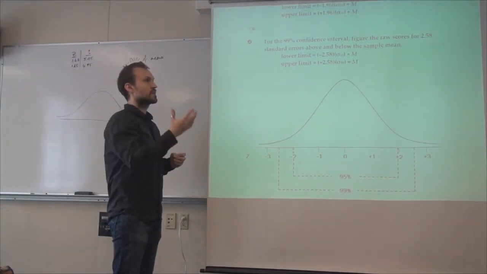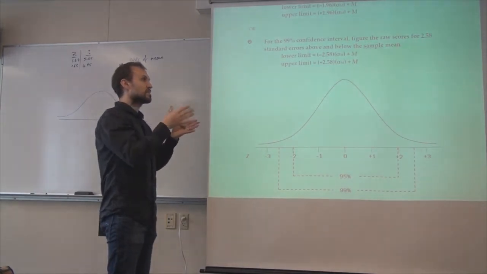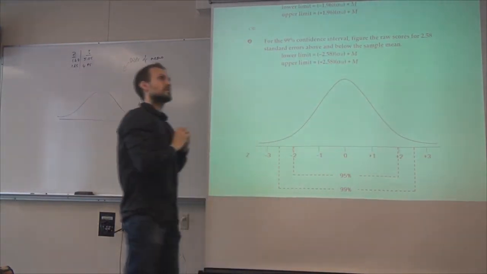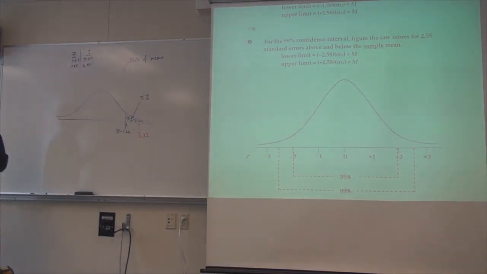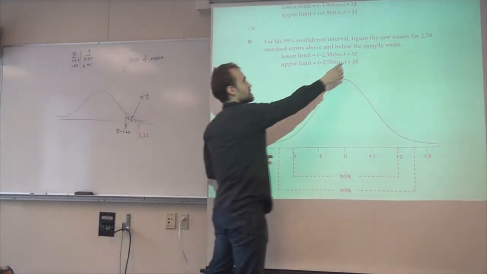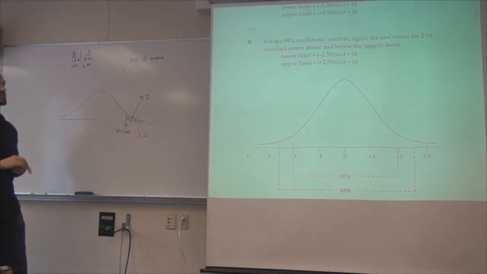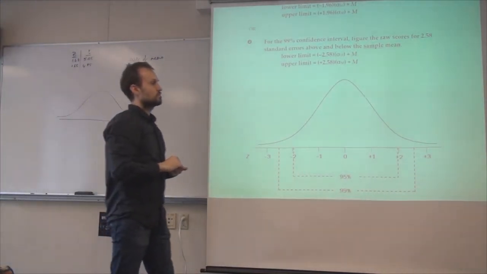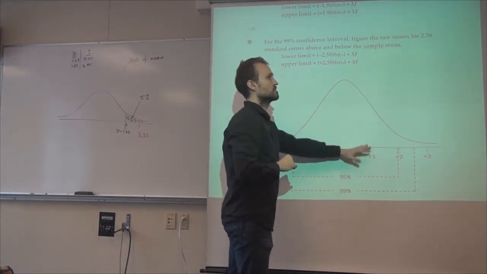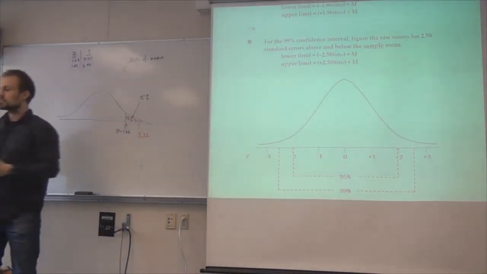So I'm going to use my sample and then give myself a little bit of room to say, okay, based on my sample, up and down a little distance, and I'm fairly certain that I've captured the actual mean in that interval. I can't say that the actual mean is the same as my sample mean, because this is just one example. So I give myself a little bit of room in either direction to be more confident that the actual mean sits somewhere in here. It might be very close to my sample mean, but it might not. I want to give myself a little bit of room.